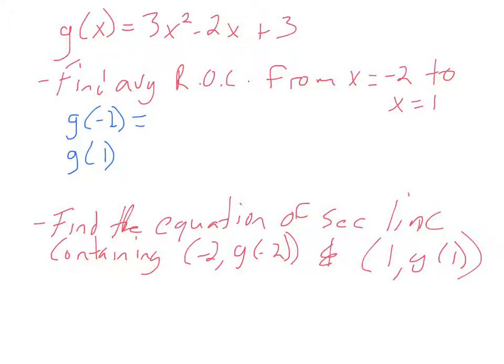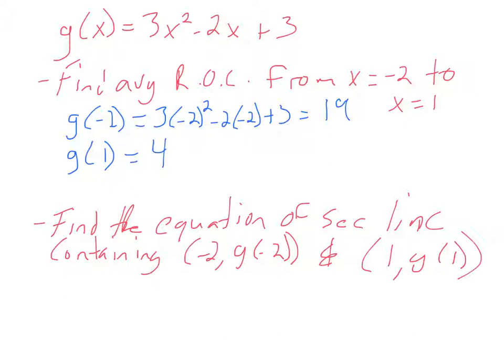So g of -2 is going to be 3 times -2 squared minus 2 times -2 plus 3, which will end up being 4 times 3 is 12, plus 4 is 16, plus 3 is 19. And then g of 1 is just going to be 3 minus 2 is 1, plus 3 is 4.